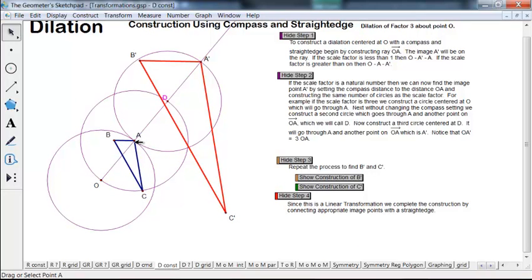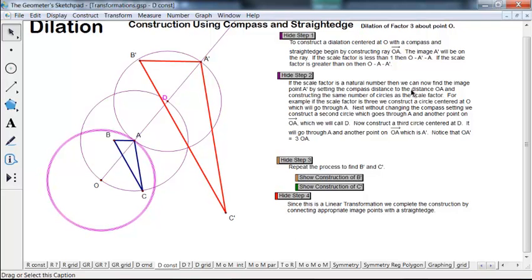You just make a little bitty mark here to show how far you went out for A, a little bitty mark here to show how far you went to D, and a little bitty mark here to show where A prime is. And similar for the others, and it's not nearly as messy when you actually do it by hand.